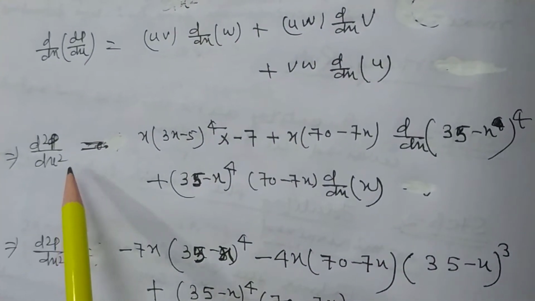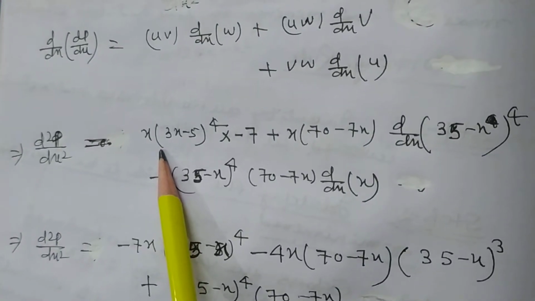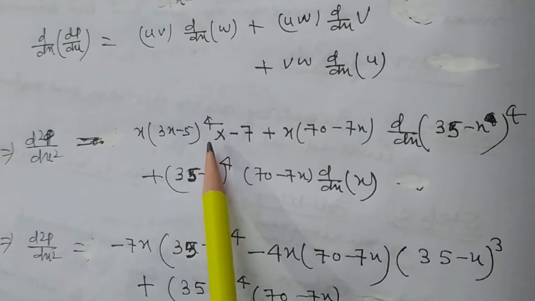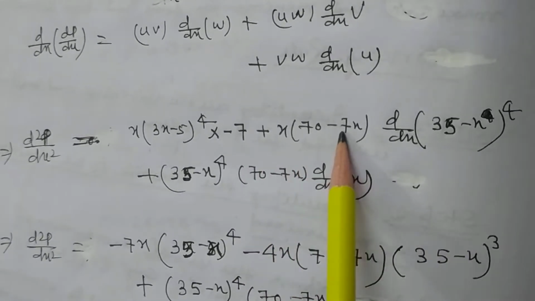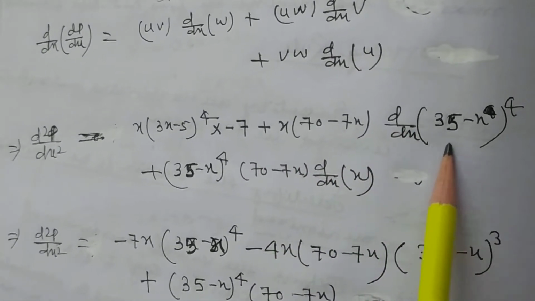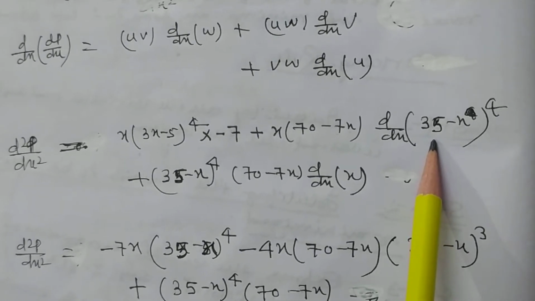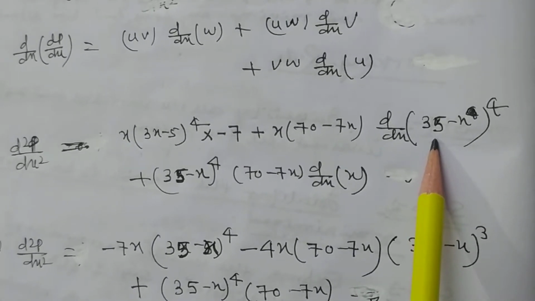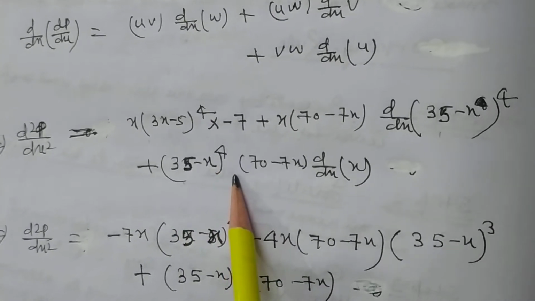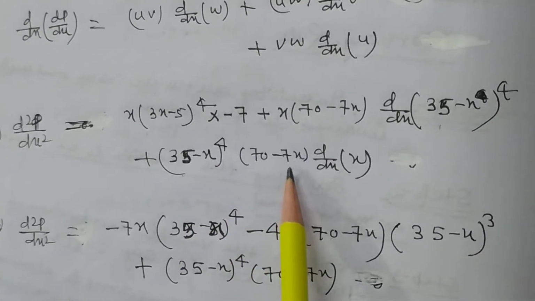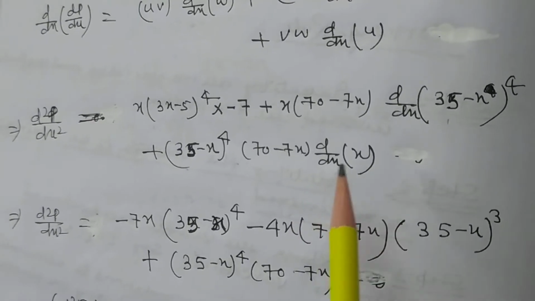And now d2p by dx square is equal to x into 3(35 minus x)^4 into minus 7 plus x into 70 minus 7x d by dx of 35 minus x to the power 4 plus 35 minus x to the power 4 into 70 minus 7x d by dx of x.